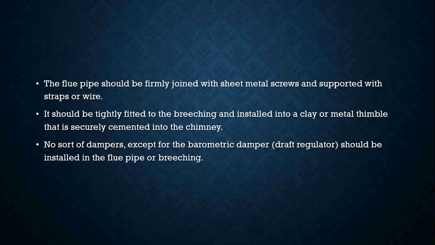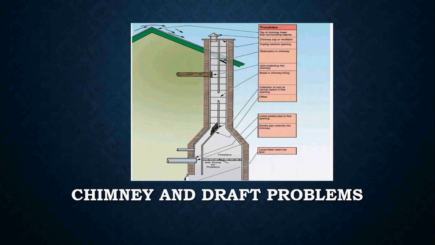It should be tightly fitted to the breeching and installed into a clay or metal thimble that is securely cemented into the chimney. No dampers except for your barometric draft regulator should be installed in the flue pipe or your breeching.